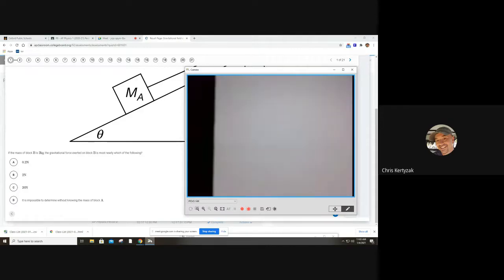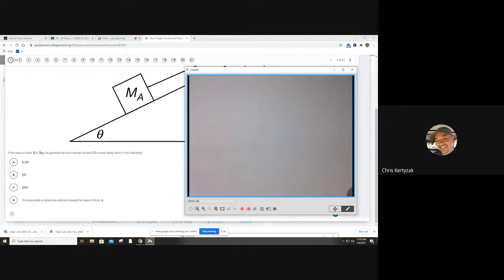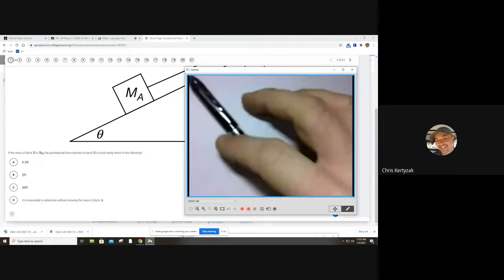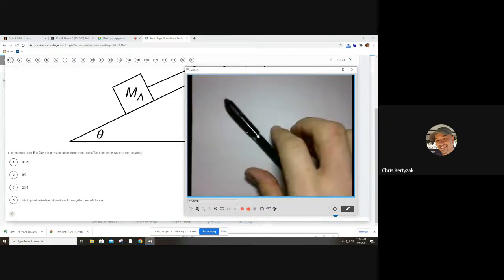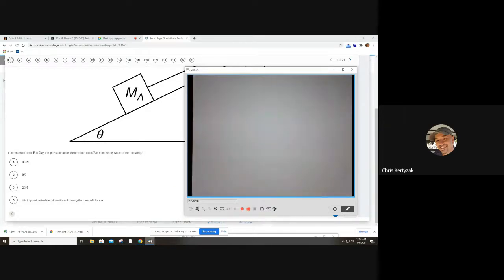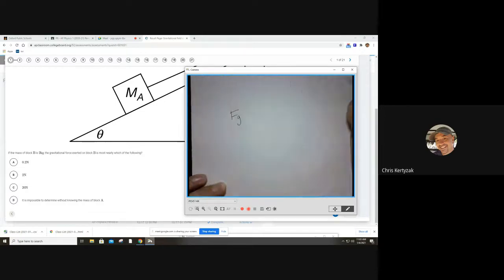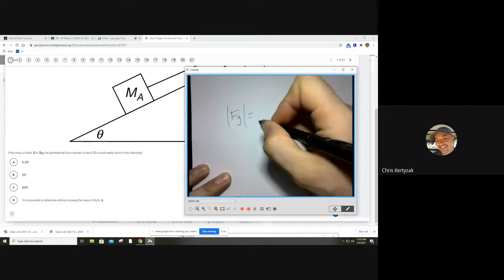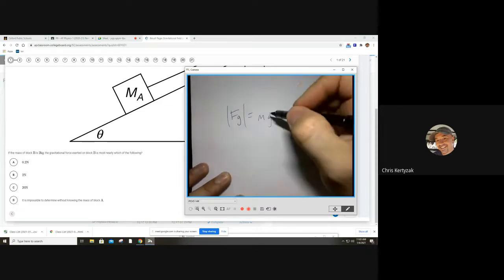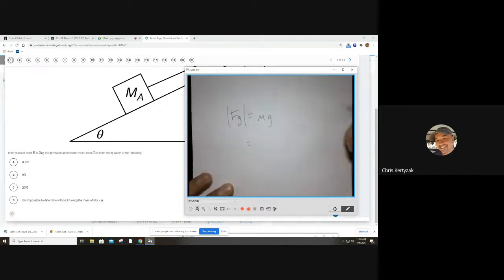So in this case, they're asking us for the weight of block B. We know that the gravitational force, usually represented like this in magnitude, if you want to use that symbol, is m times g. Technically speaking, we just write Fg equals mg.